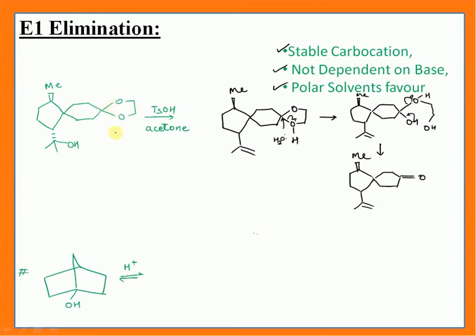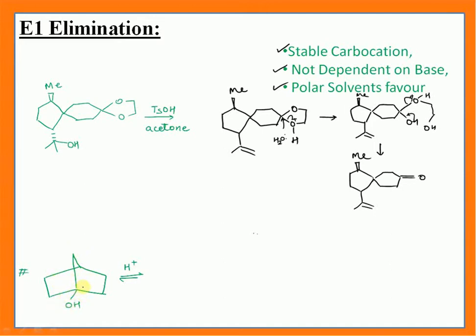Next we have an example in which we have OH attached at the bridgehead position. Similar to SN1 and SN2, we cannot do E1 or E2 elimination of this molecule, where we have a leaving group attached at the bridgehead position.